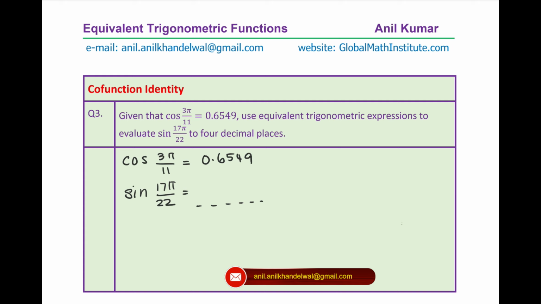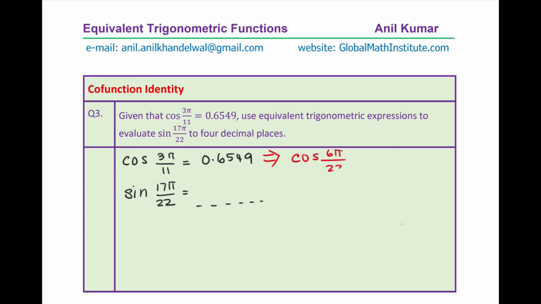Well, since the denominators are different, I'll write this cosine ratio as cos of 6 pi by 22, multiplying both numerator and denominator by 2. What we are given really is cos of 6 pi by 22 as 0.6549.